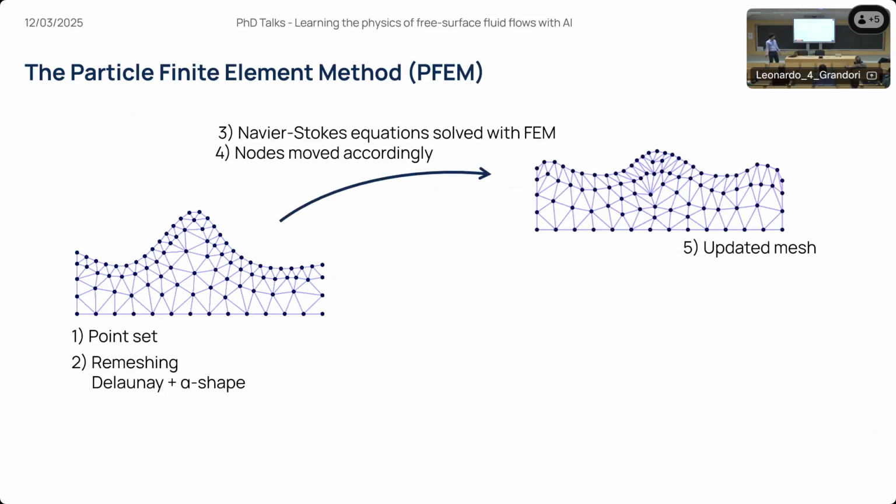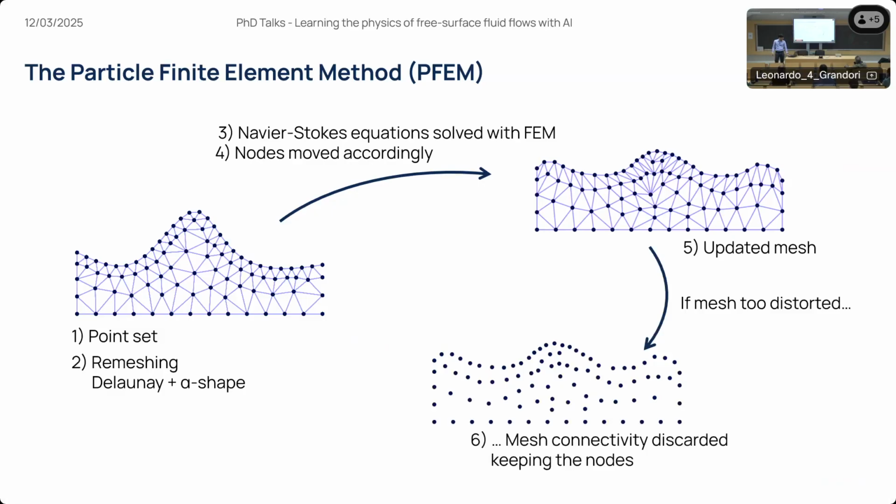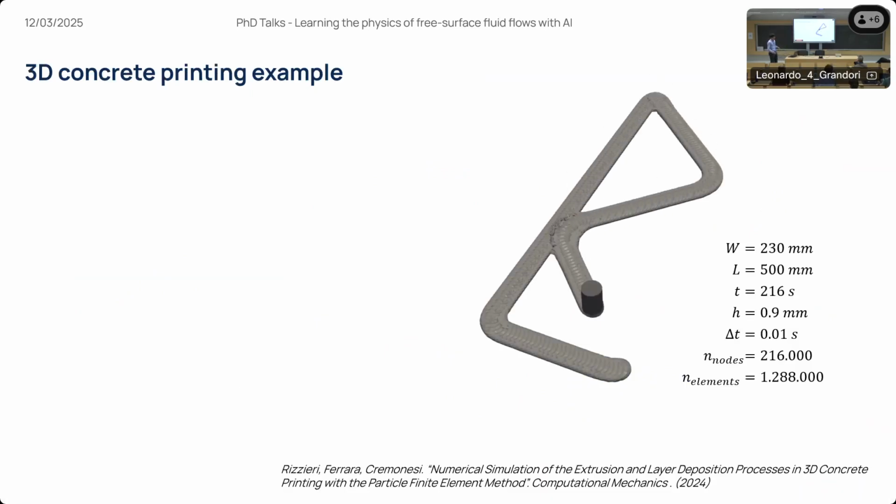Then we solve the Navier-Stokes equations, which are the governing equations for fluid mechanics, with the standard finite element method, and move the nodes accordingly. Whenever the mesh becomes too distorted, we discard the connectivity between the elements and we recreate the mesh. And we loop in time on this, updating both the solution fields and the domain shape.